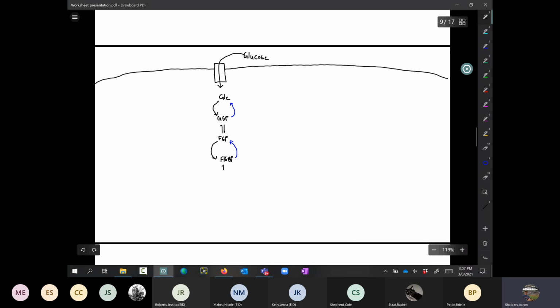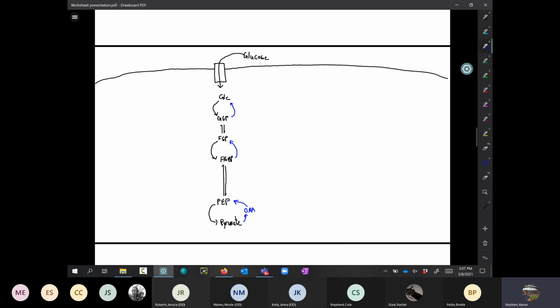And then I'm going to put kind of a big double-headed arrow till finally we get to PEP at the end of the pathway, and then that can be broken down to pyruvate. Okay, and that can be converted to oxaloacetate back to PEP. Okay, right.